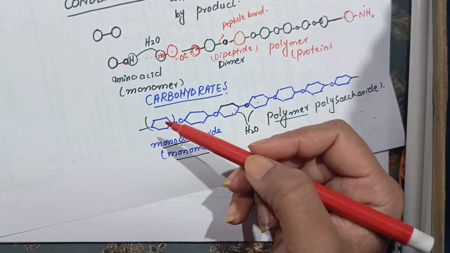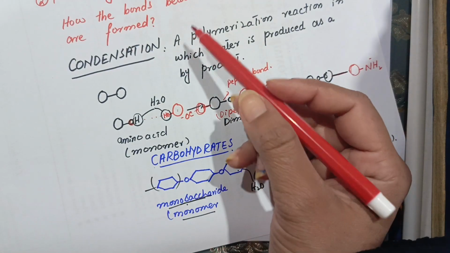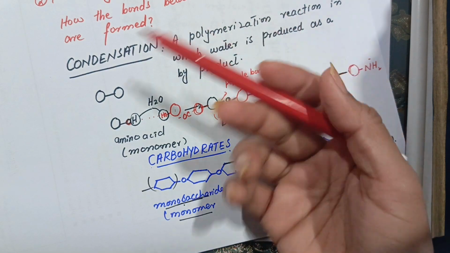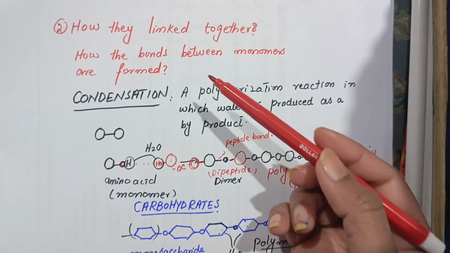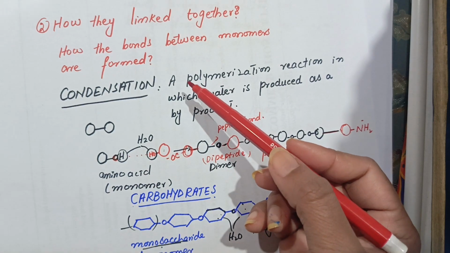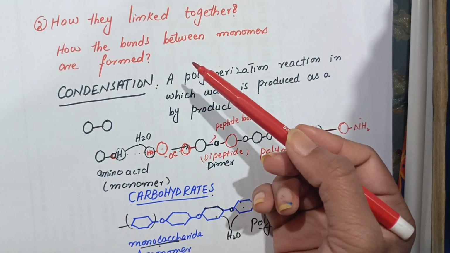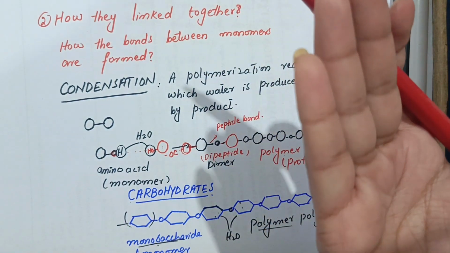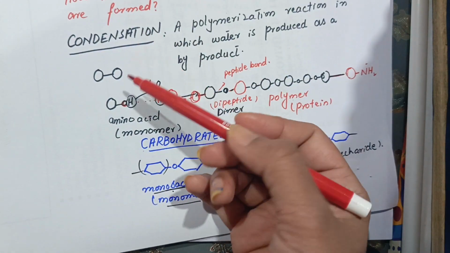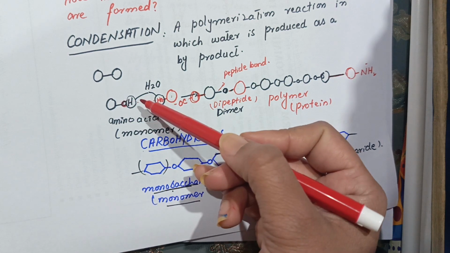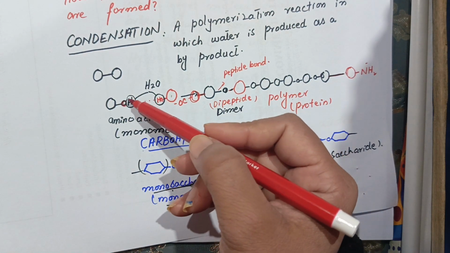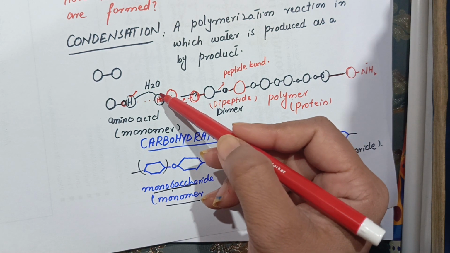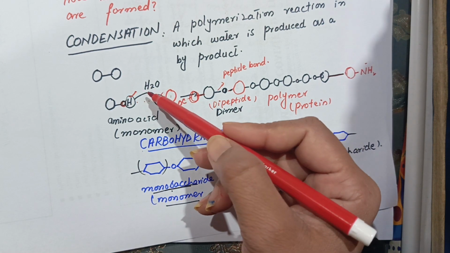Then we discussed how the bonds are formed between the monomers and the polymers. We discussed that during the process of condensation, which is the polymerization reaction, water is produced as a byproduct. Whenever two monomers come together, one monomer participates with its hydrogen and the other monomer participates with the help of the hydroxyl group.